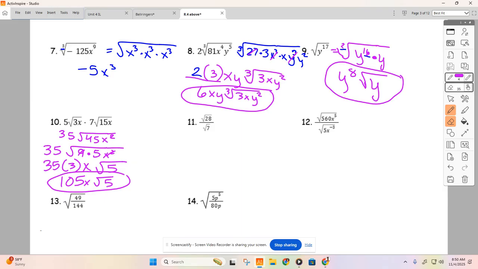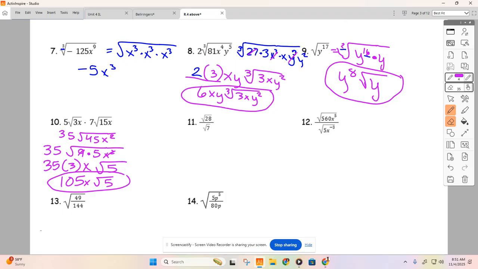I get the decimal, approximately 234.787. What we got for the number part was 105 square root of 5, right? If I type that in here, 105 square root of 5, I get that same decimal. Okay? So we can check the numerical parts of it, but the variable parts, you just kind of have to know what you're doing.